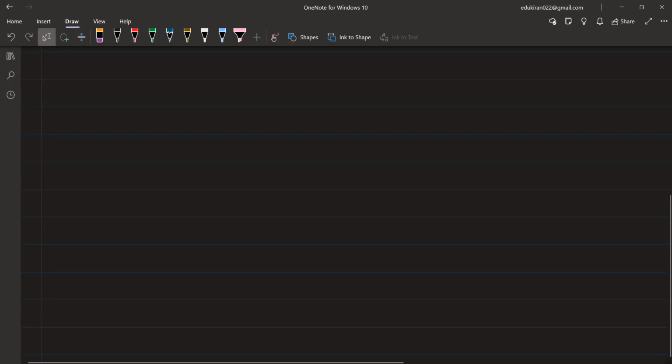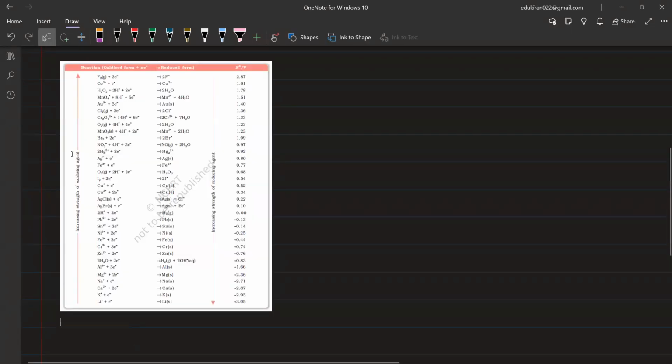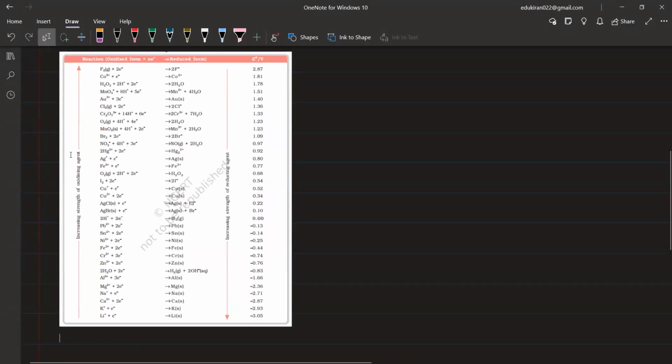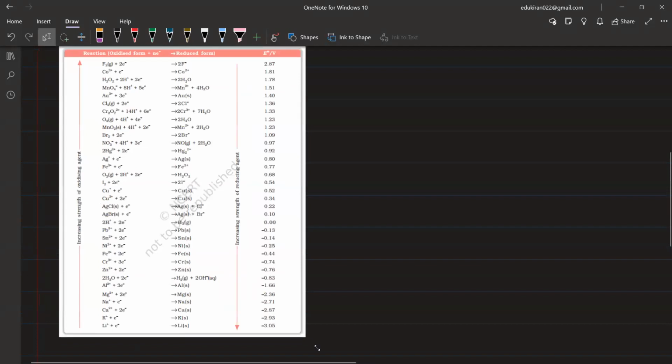What I can do is I can also take this table and paste it here. Do a quick scan of all of these values here.